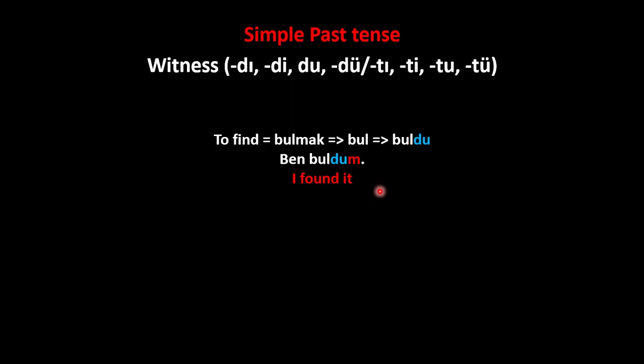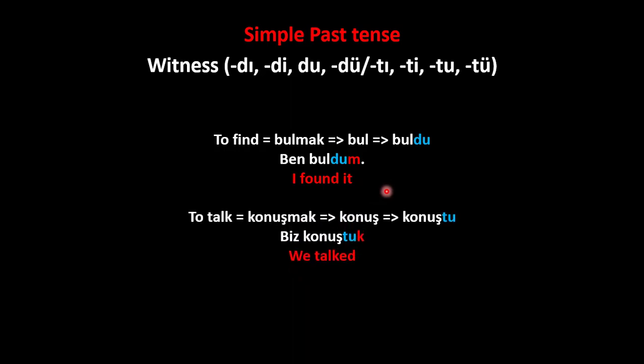I found it. To talk, konuşmak. Konuş, konuştu. Konuştuk, we talked. The k here means that the person is we, and konuştuk follows the consonant and vowel harmony rules. Okay.